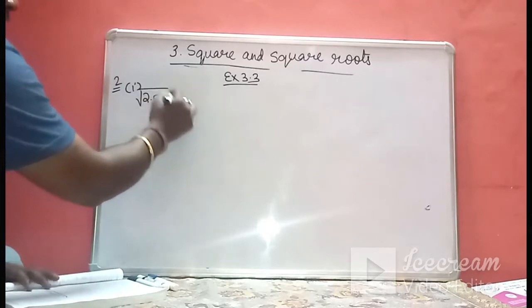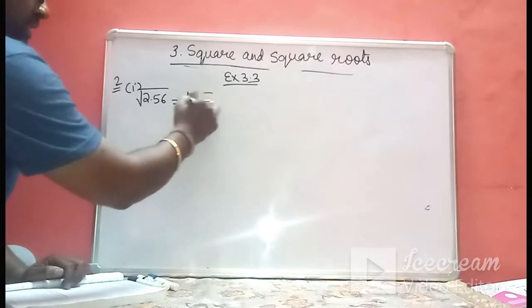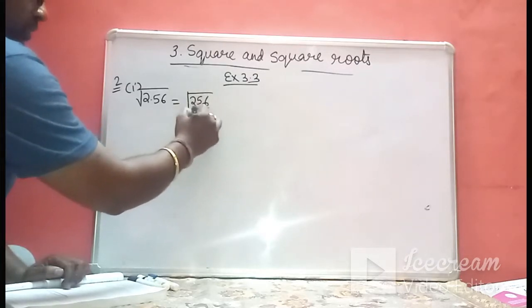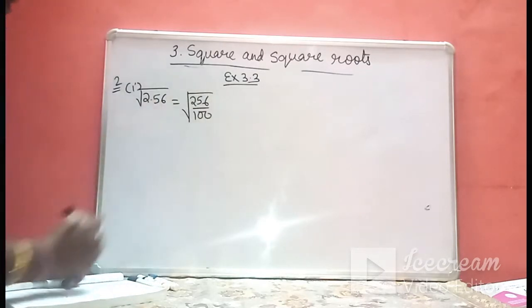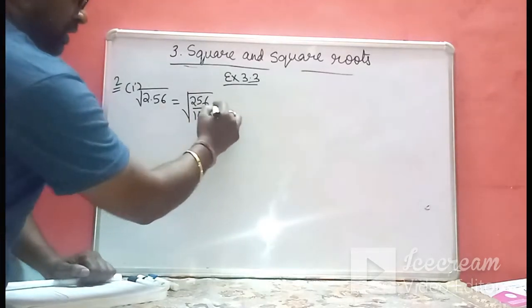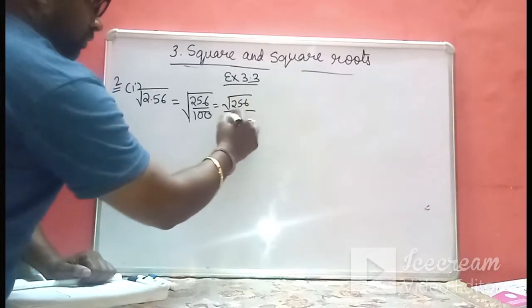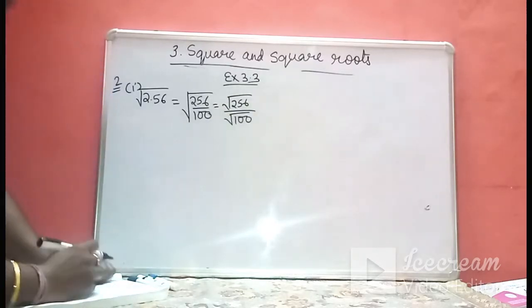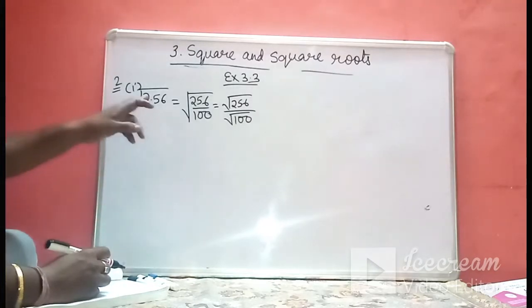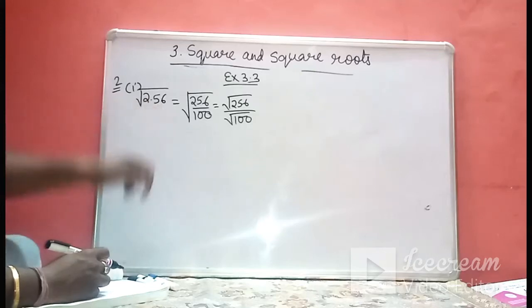First thing I am going to do is remove this decimal, so it becomes 256 upon 100. Then it's converted into a rational number, so it will be the square root of 256 upon the square root of 100. And it may or may not be a perfect square, because after the decimal an even number of places are there.